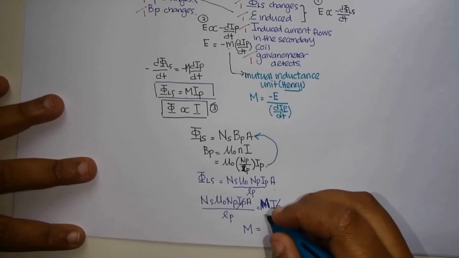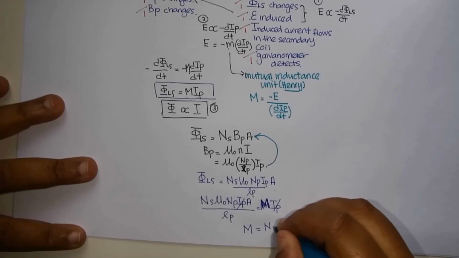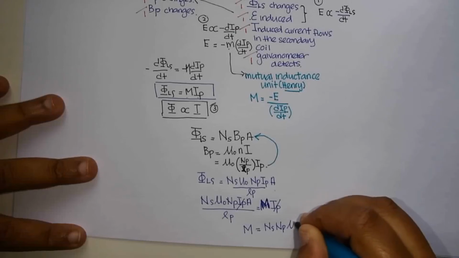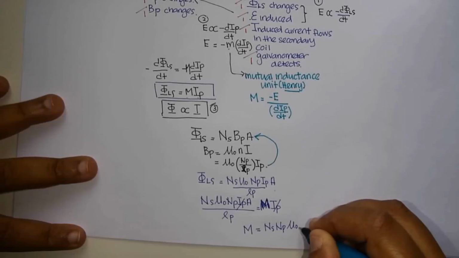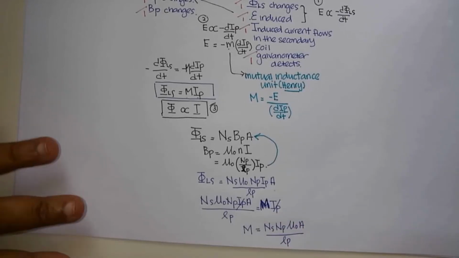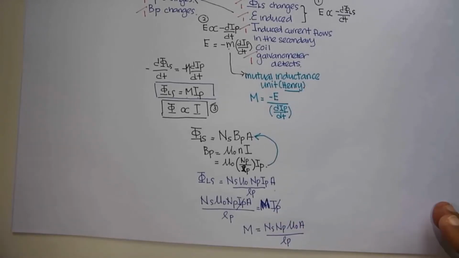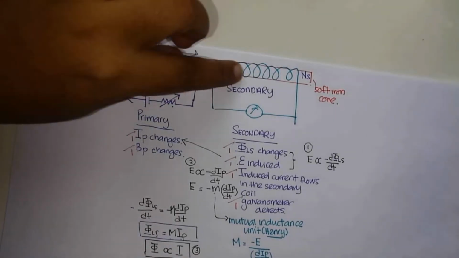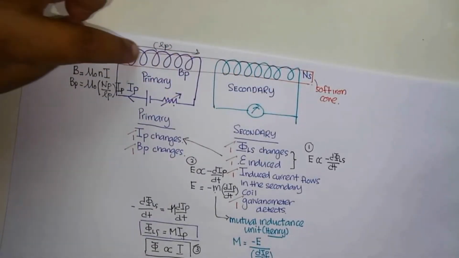M equals NS NP mu naught A over LP. Okay, I get that. But in my example, I have put a soft iron core to link all of this.